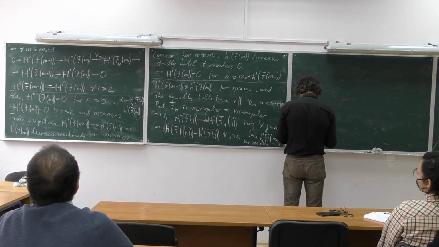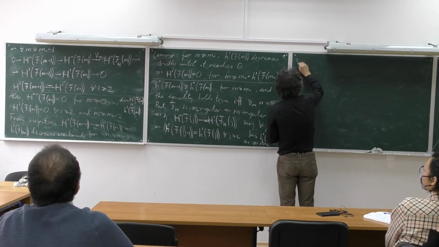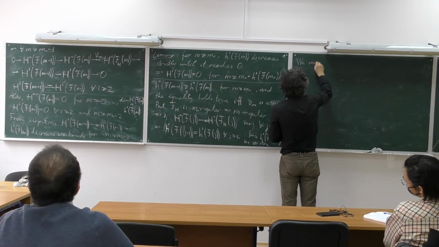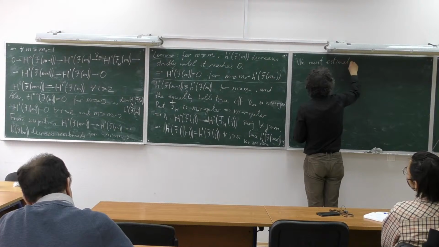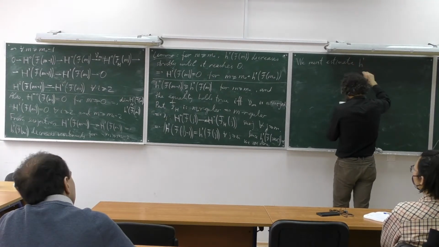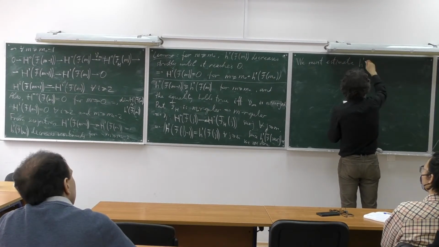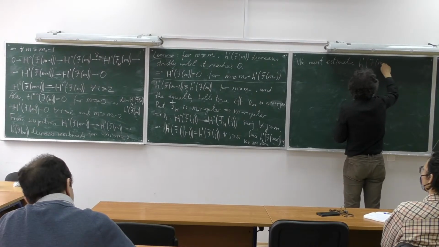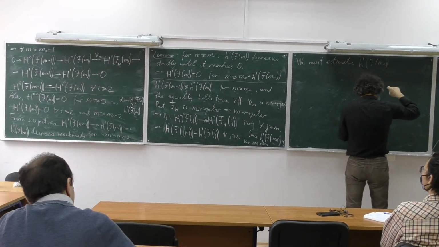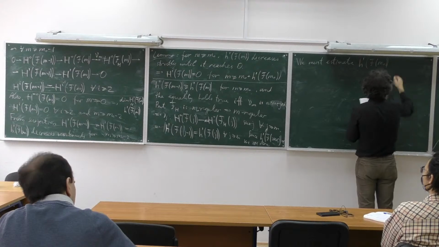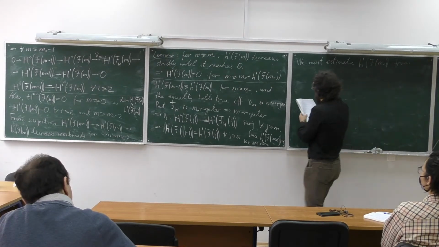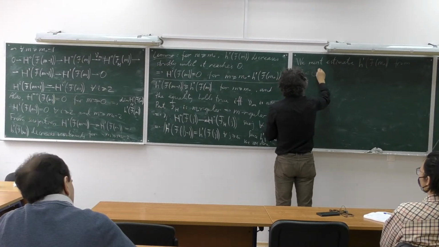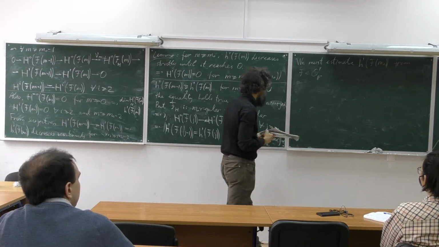So we must estimate this H1 of F of M0 just from our assumption that F is contained in the trivial vector bundle.